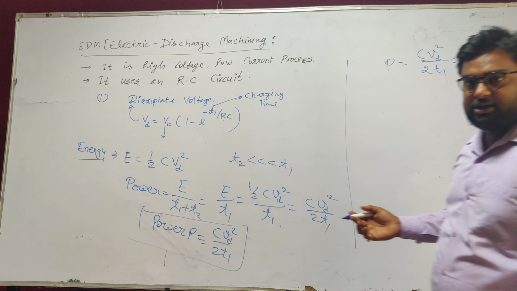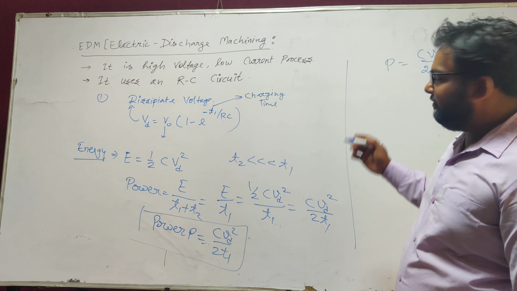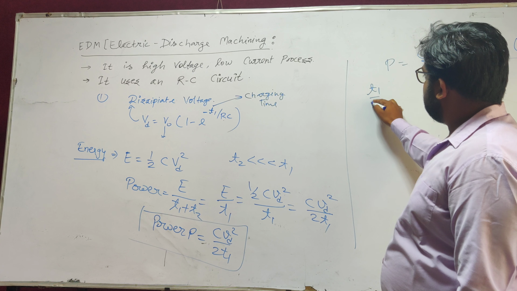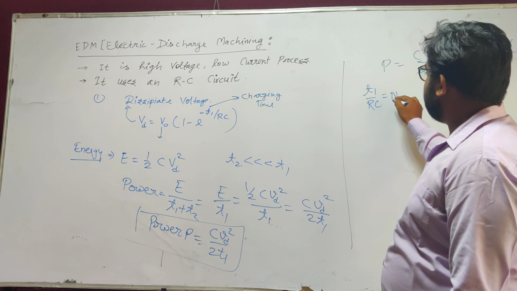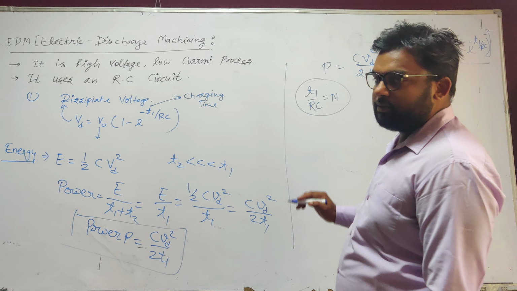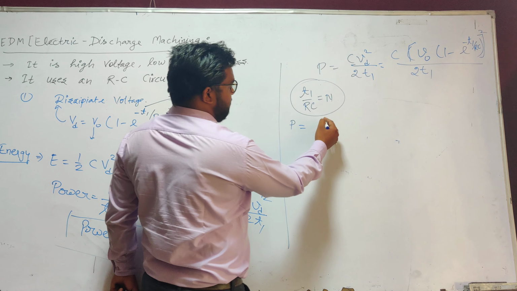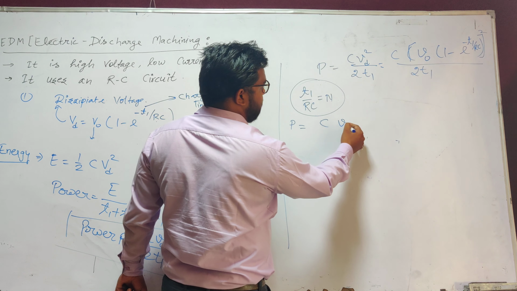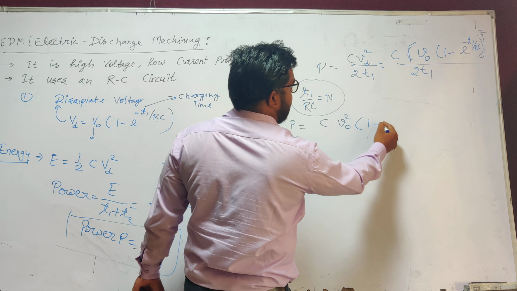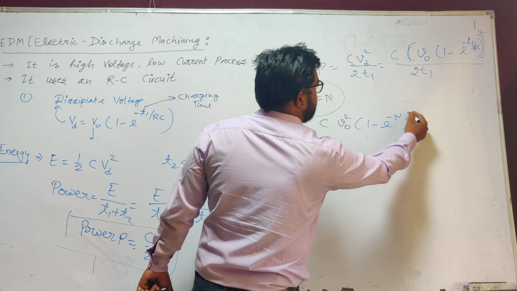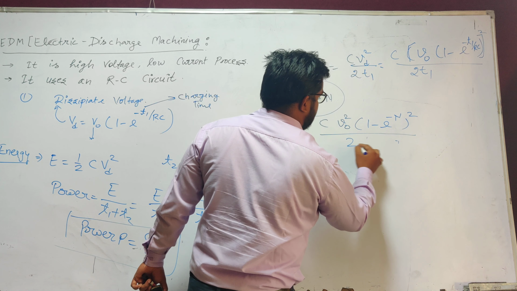For simplification, we can write T1 upon RC equal to capital N. So P equal to C V naught square (1 minus e to the power minus n) the whole square upon 2T1.